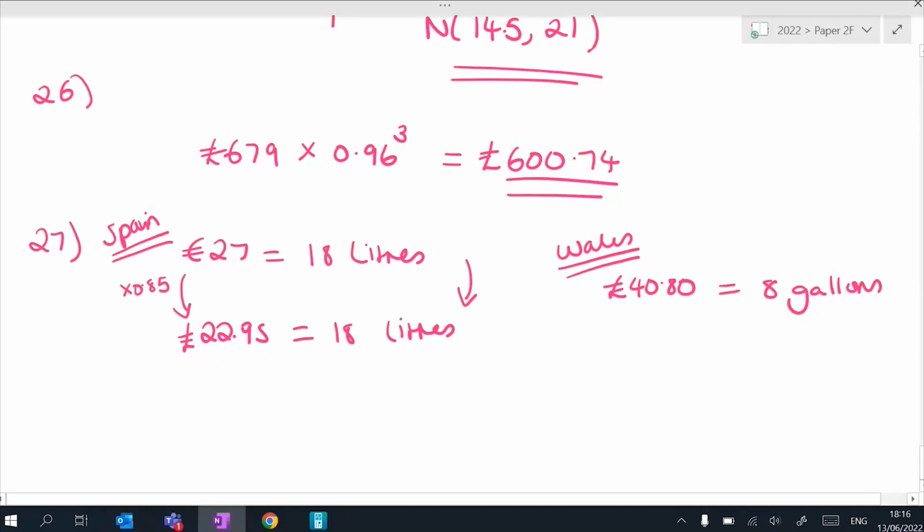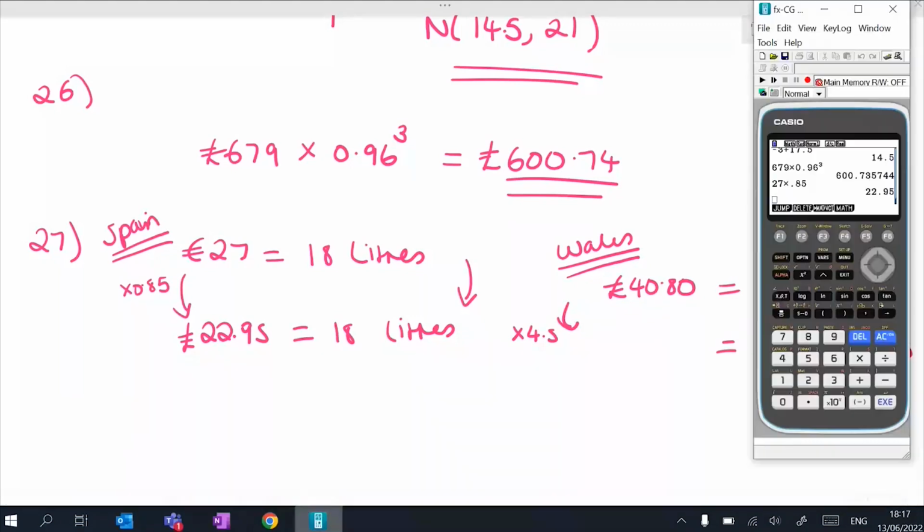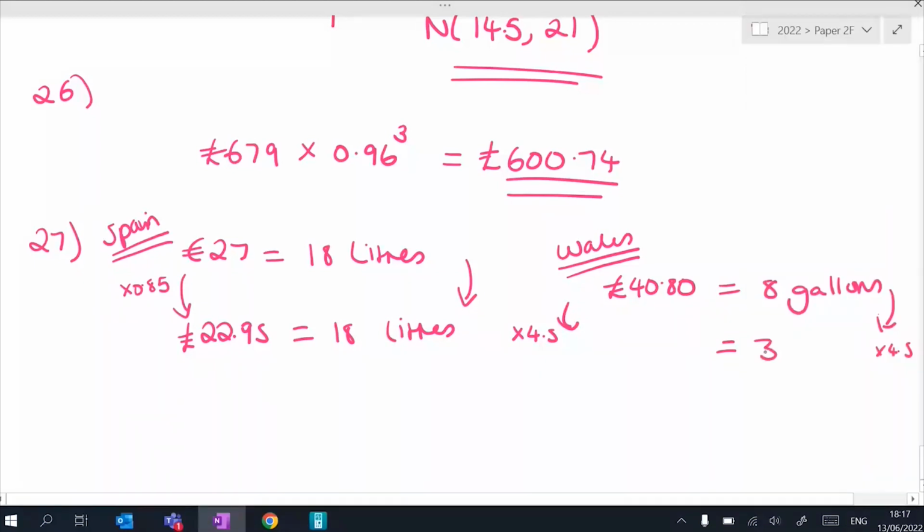Okay, now 1 gallon is 4.5 litres, so we can multiply that by 4.5. So we've got 36 litres is £40.80.